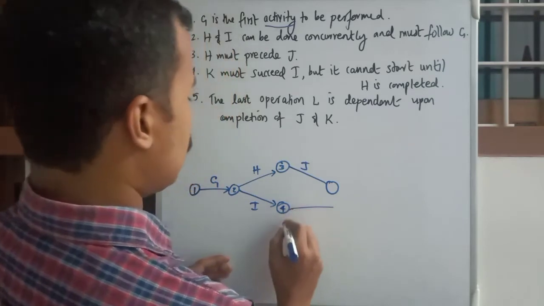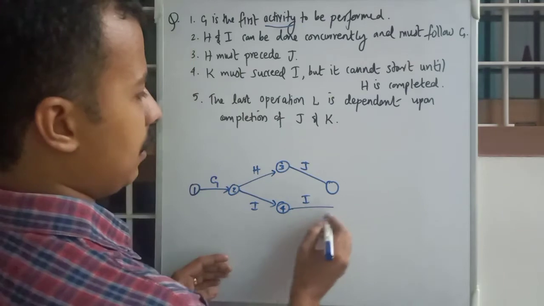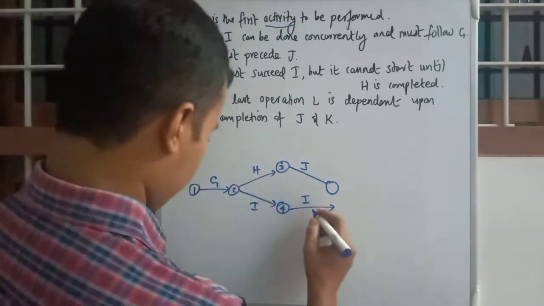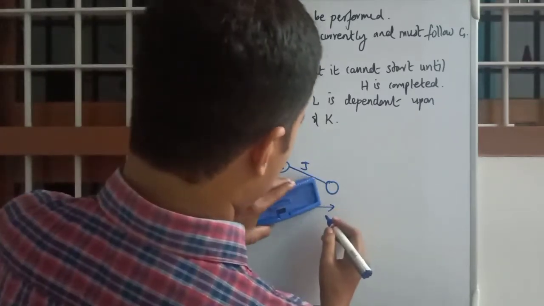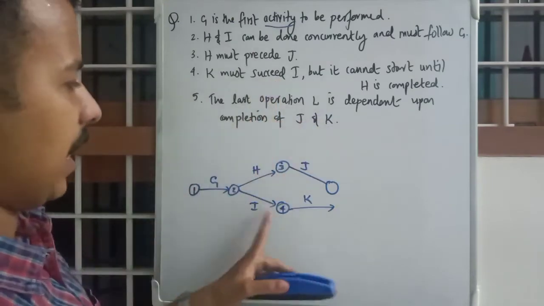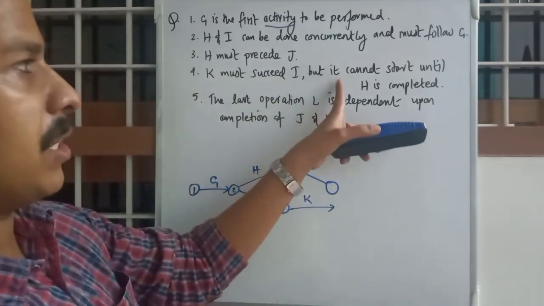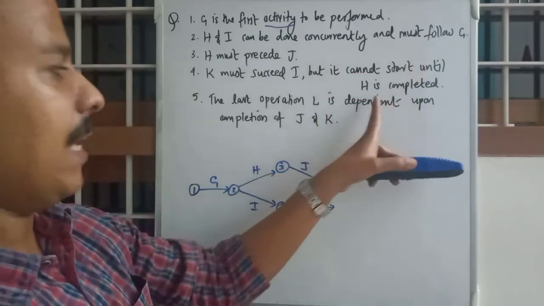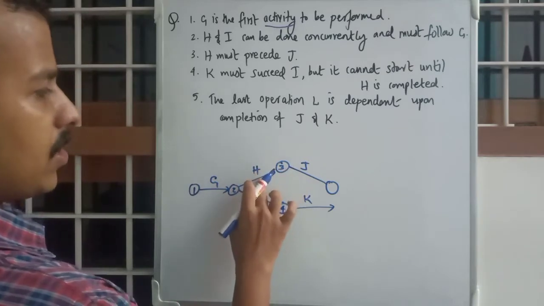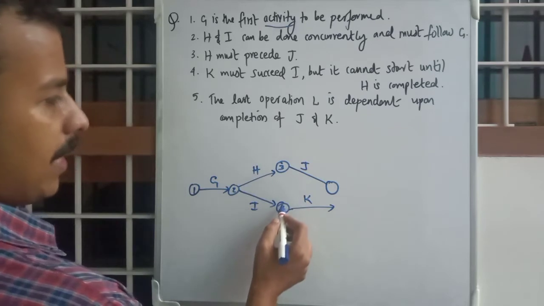That is, if this is I, so K, sorry, that is K. K is succeeding I. Okay, but there is an extra condition, but it cannot start until H is completed. H is here, H is way over here. So the condition is only after completion of H you can start K.